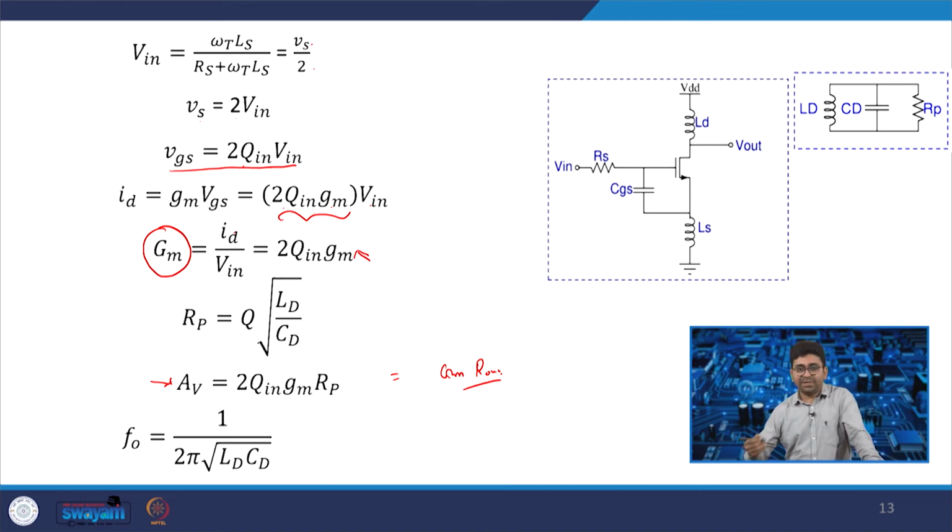Now in this case we are totally replacing the resistor. So at the load, if you connect the inductor, that is LD, LD is parallel to the CD. Now this CD is a combination of capacitors. There is the capacitor from drain to gate, and then there is a bulk capacitor also.